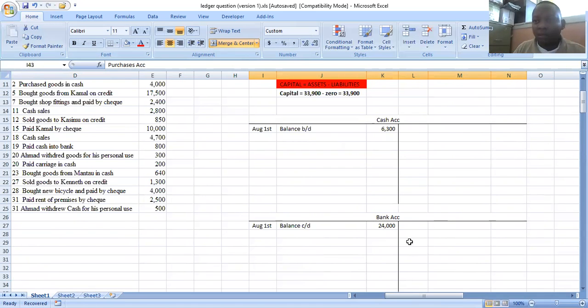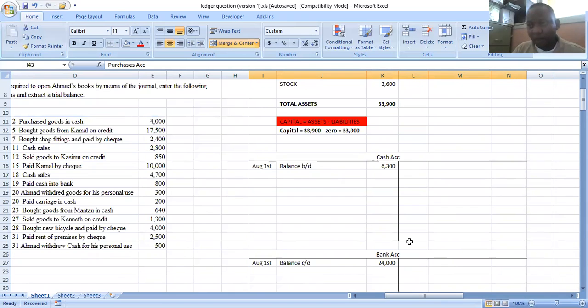Cash is decreasing, so we credit cash because it's going down. And purchases, being an expense that is being incurred, we are supposed to debit. Whenever expenses are increasing, we debit, and whenever cash assets are decreasing, we credit. So credit cash, debit expenses.